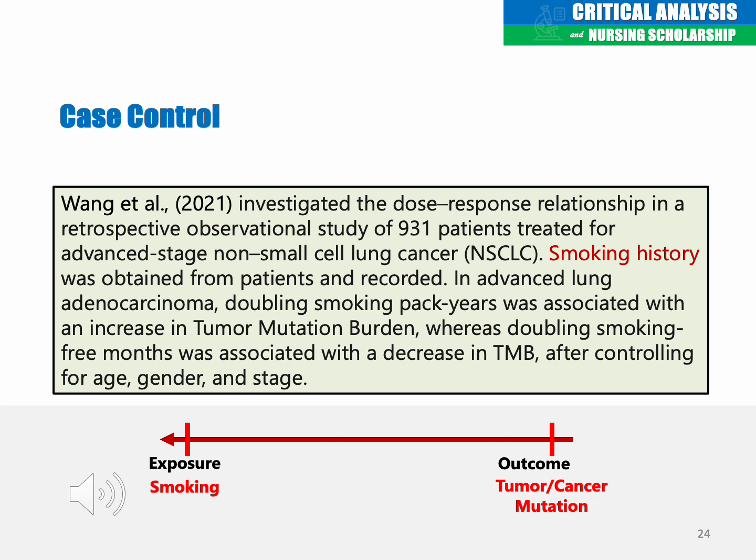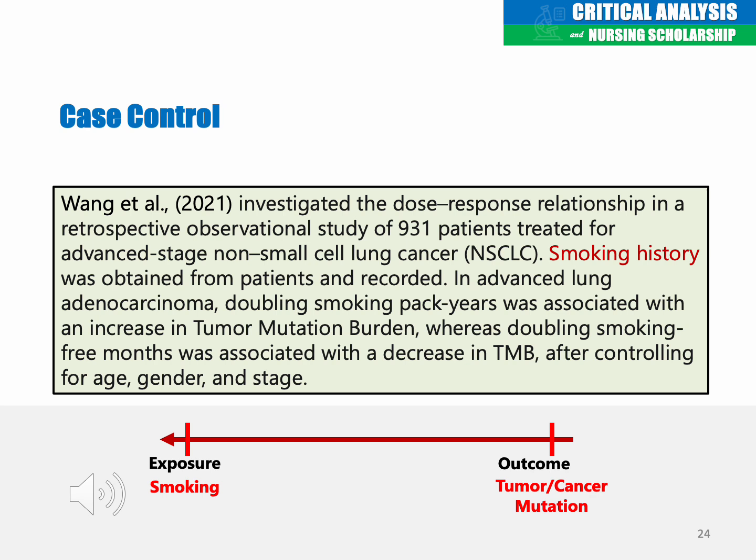Smoking history was obtained from patients and recorded. In advanced lung adenocarcinoma, doubling smoking pack years was associated with an increase in tumor mutation burden, whereas doubling smoking cessation time was associated with a decrease in tumor mutation burden after controlling for age, gender, and stage.